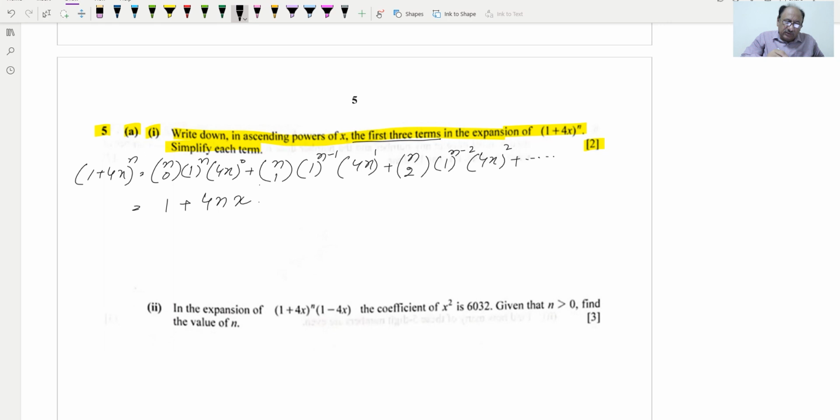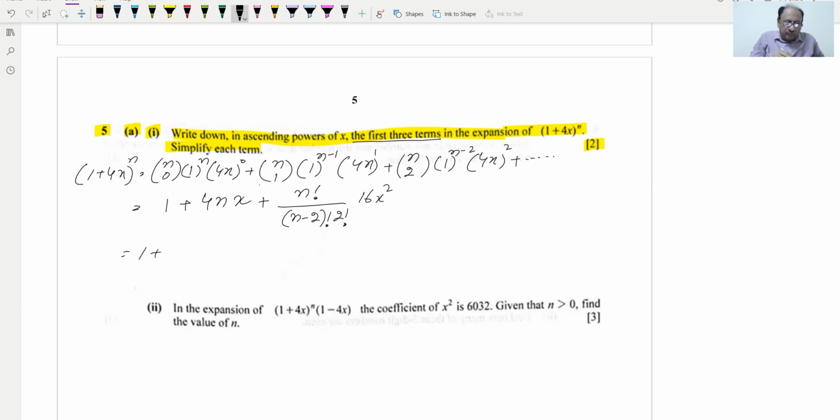So next, the third term will be what? Third term will be n factorial over (n minus 2) factorial and 2 factorial, and this will be (4x) square, which is 16x square, and the higher terms we are ignoring because we are dealing with the first three terms.